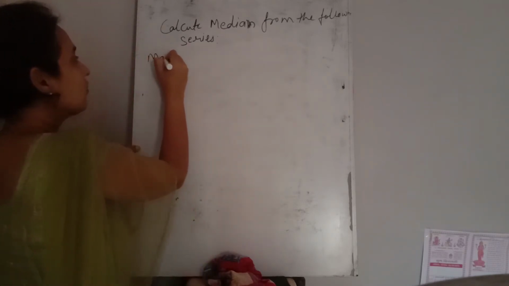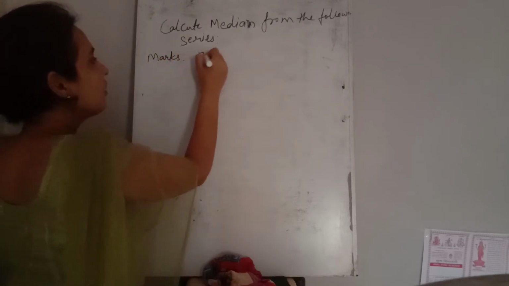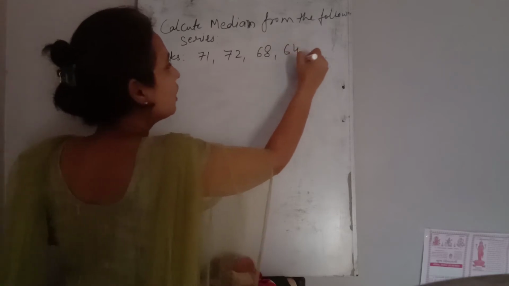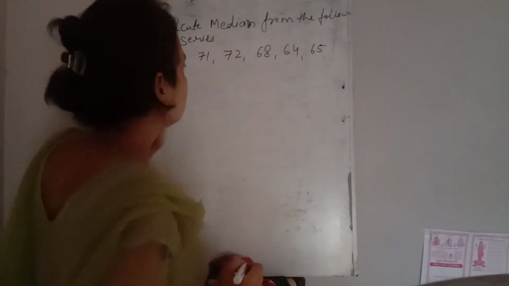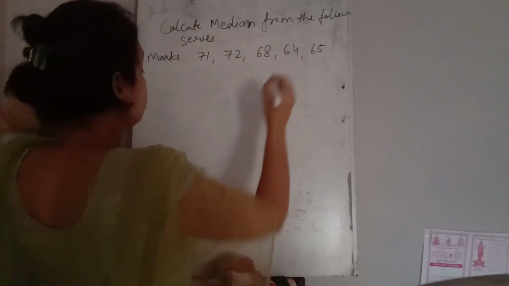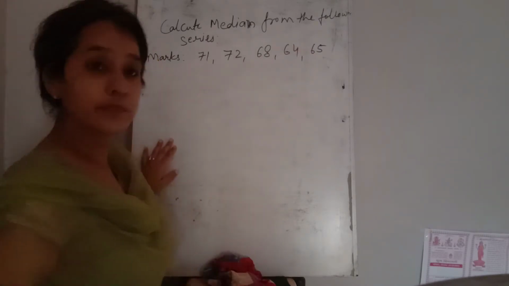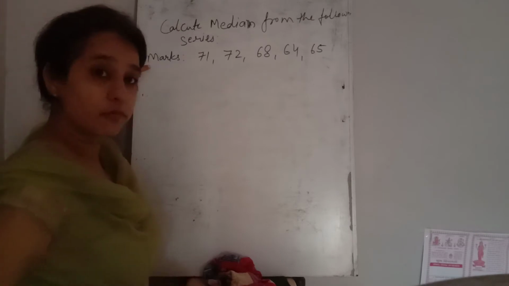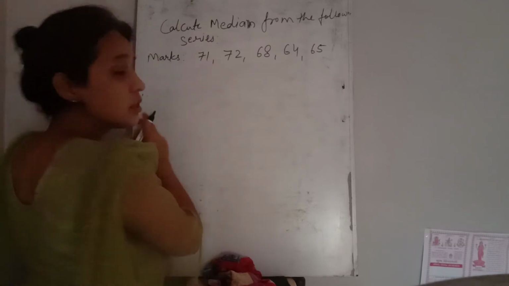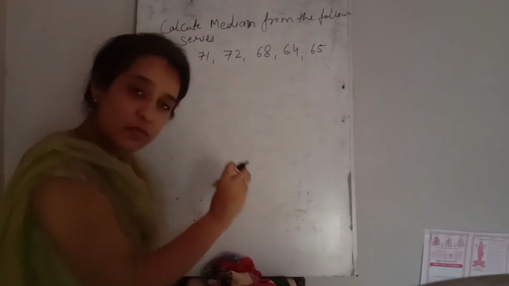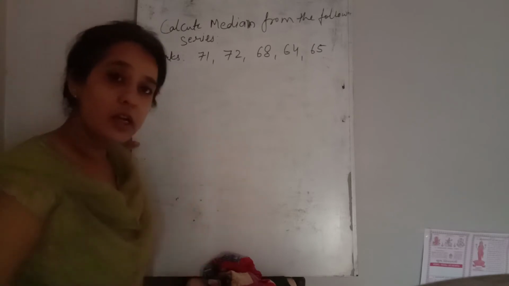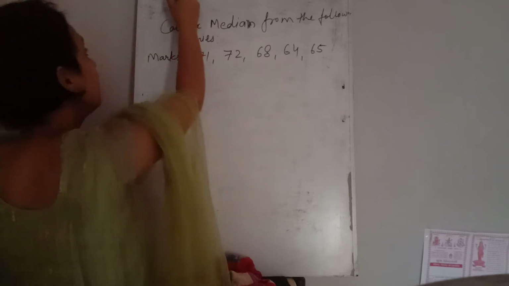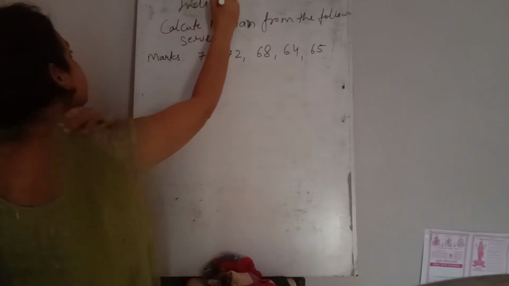Suppose marks are given: 71, 72, 68, 64, 65. Clear? Now how to calculate median in an individual series? When individual information is given in a single column, that is known as an individual series.